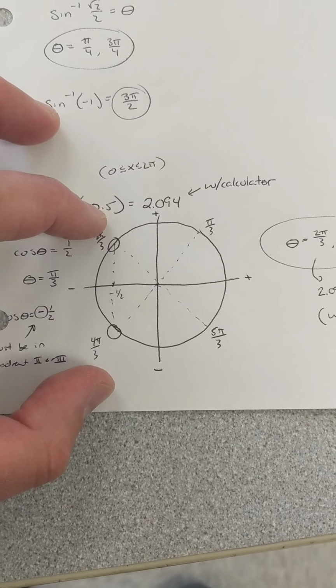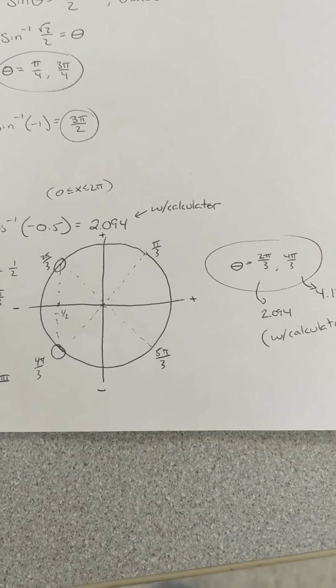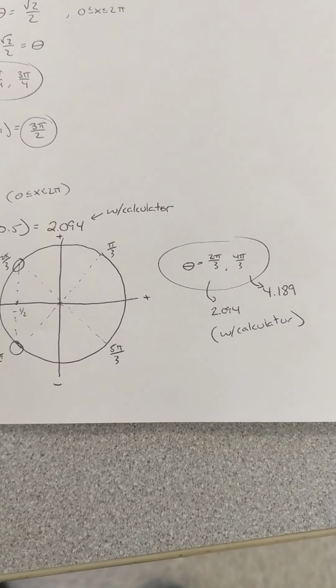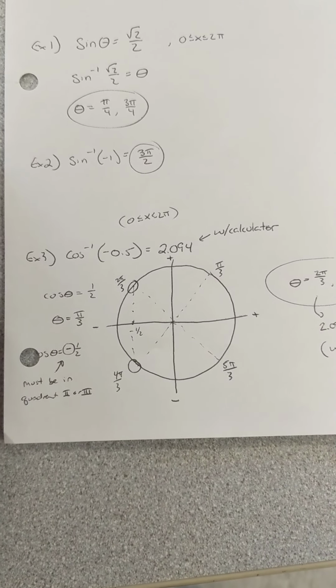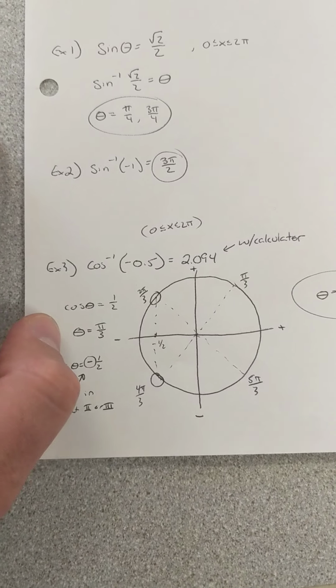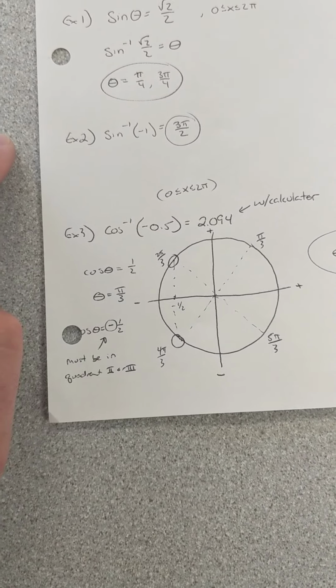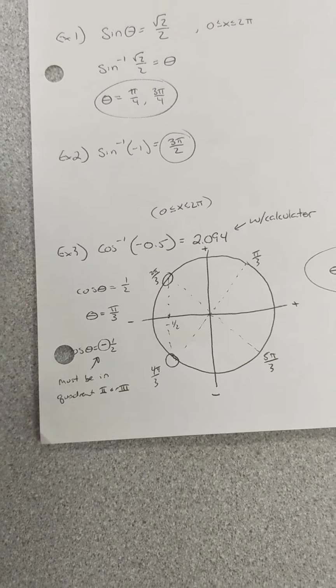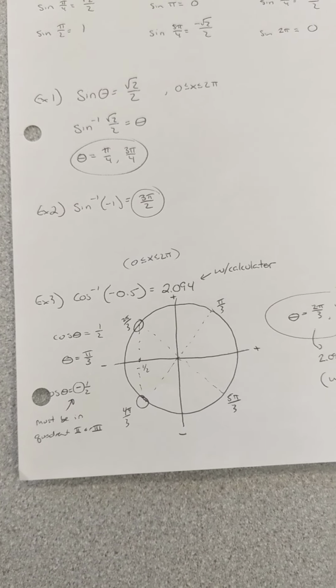So the 2.094 is the 2 pi over 3, but also down here I have 4 pi over 3, which is 4.189 with the calculator. That also gives me the value of negative 1/2. Now just a side note, since it's negative, all the x values in the unit circle are the cosine values. So where it's negative would be on that side of the unit circle, so in quadrants 2 and 3.